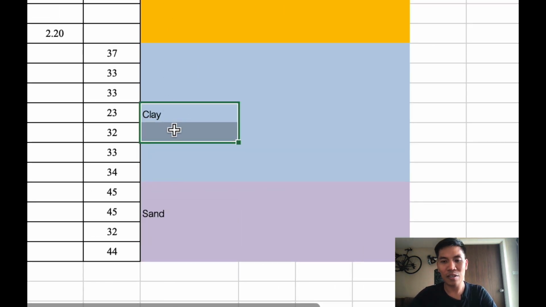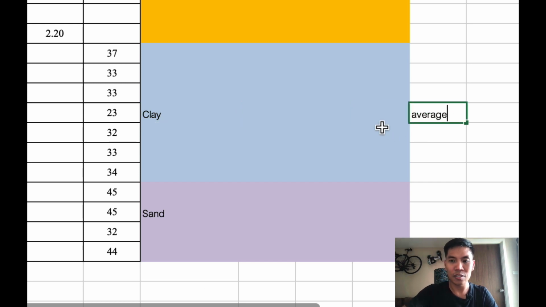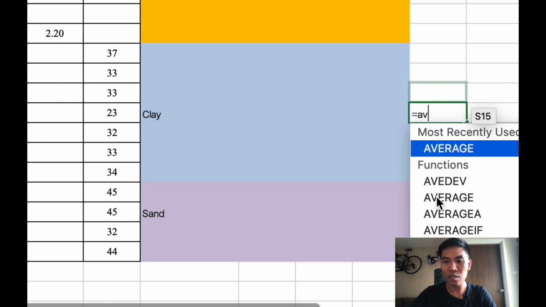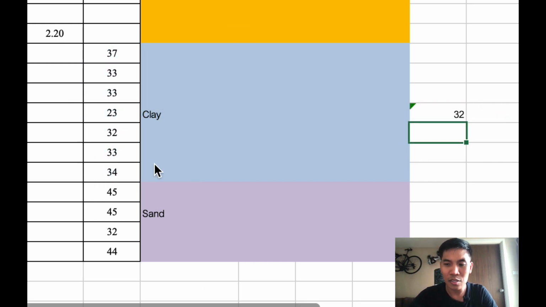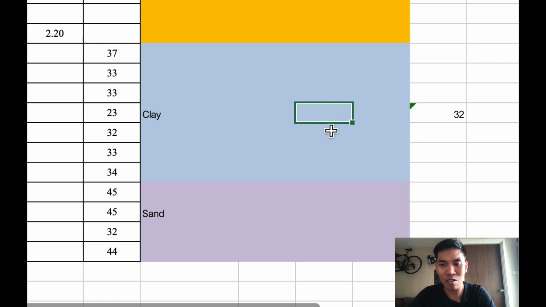So if it's gray, we have to calculate the value of SU. So we have to determine the average, from this to that. Okay, N here is equal to N average, which is about 32.